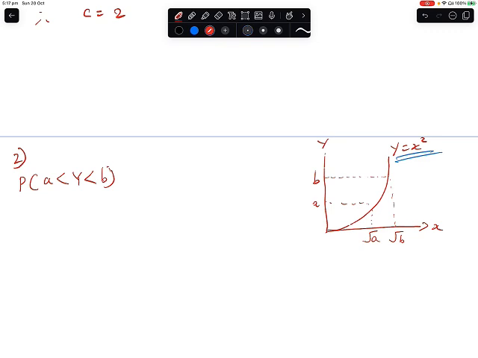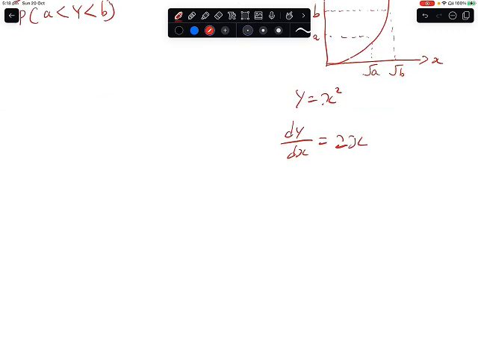To do this, we need to differentiate. y equal to x squared, the derivative is 2x, and then we find that x equals the square root of y. Here we swap the value, so we substitute the value into the formula.